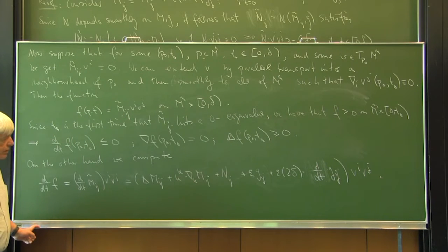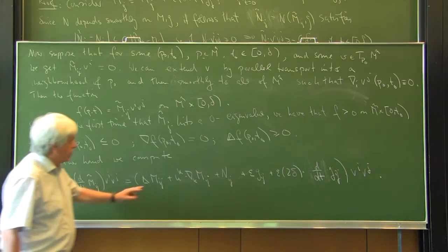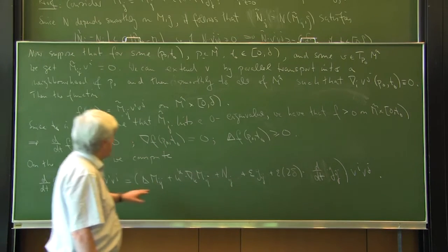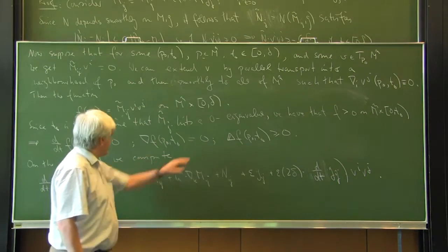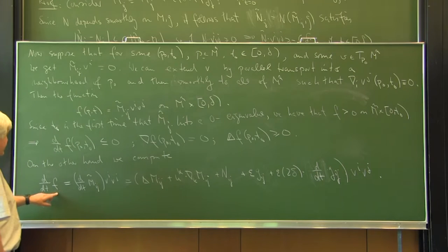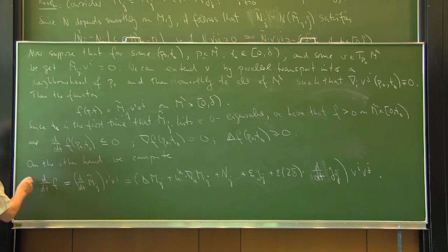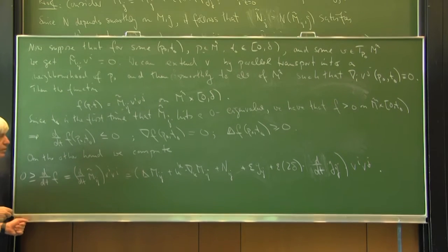That's our evolution equation. Now, these things here we have to relate to the conditions here. So we have our inequality here, and we know that this is less or equal to 0 at this point.